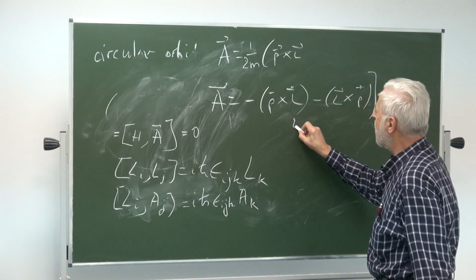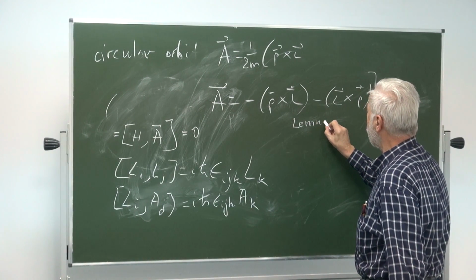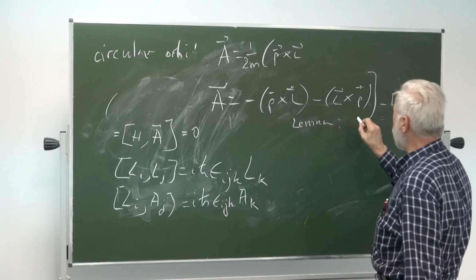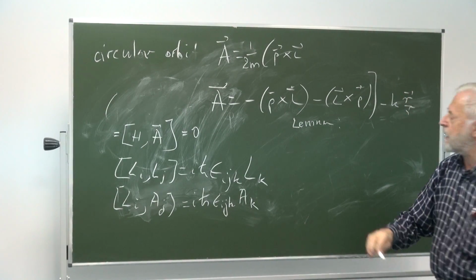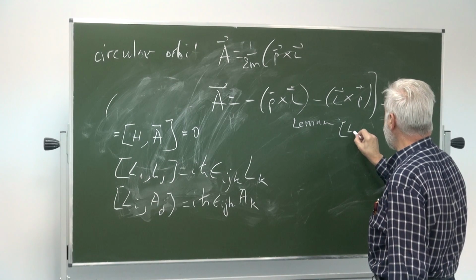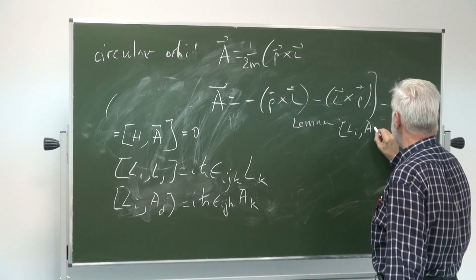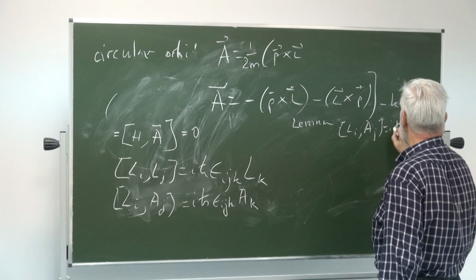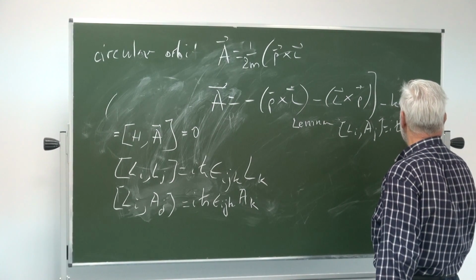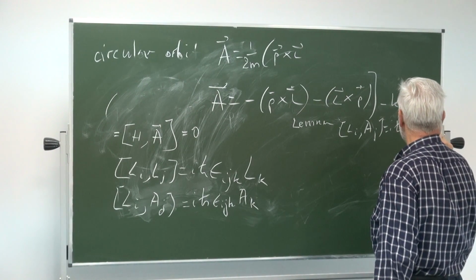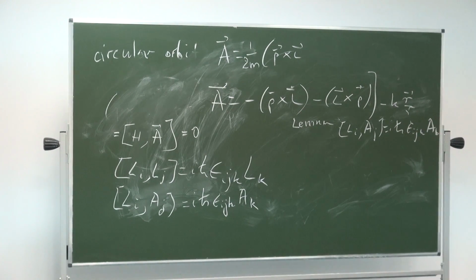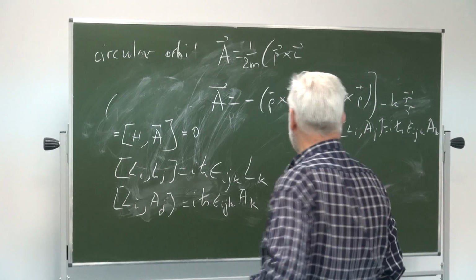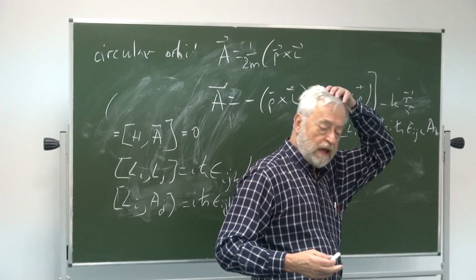Lemma: for every vector, I will call it still A, the commutator of Li with Aj is i h bar epsilon ijk Ak. I think it is good to know that this is the case. It can save you a lot of time and effort if you encounter this sort of commutation relation that you need. How to prove it?